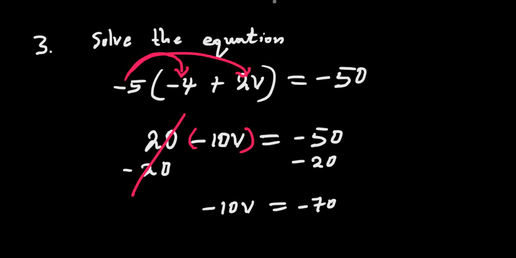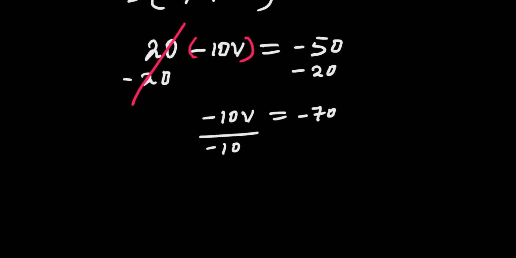So we can now divide both sides by negative 10, which is the coefficient of v. Divide both sides by negative 10. So negative will cancel negative from here, and 10 into 10 is 1.